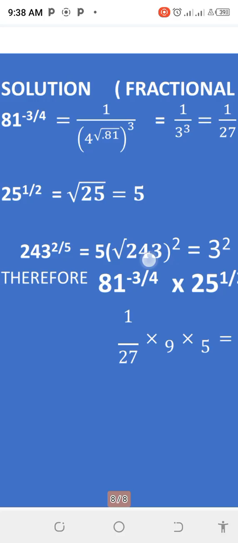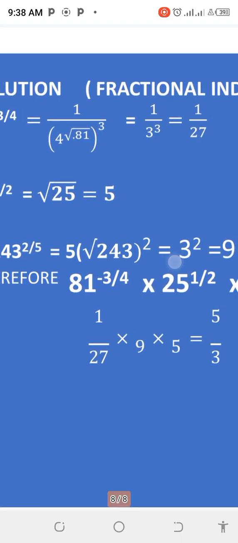Because 3 times 3 is what? 9. 9 times 3 is 27. 27 times 3 is 81. And 81 times 3 is 243. So that means the number is 3. And 3 raised to power 2 is equal to what? 9.